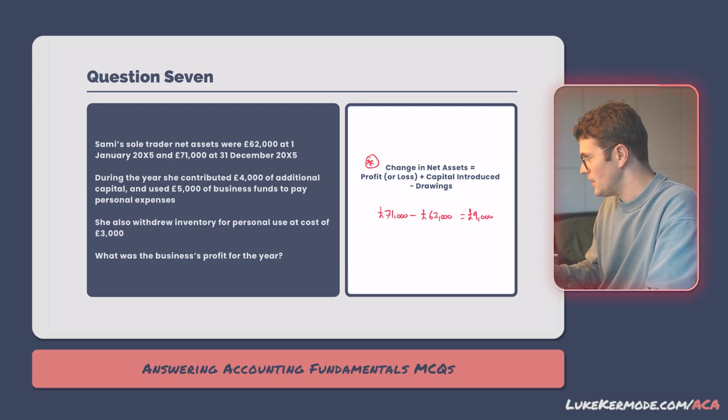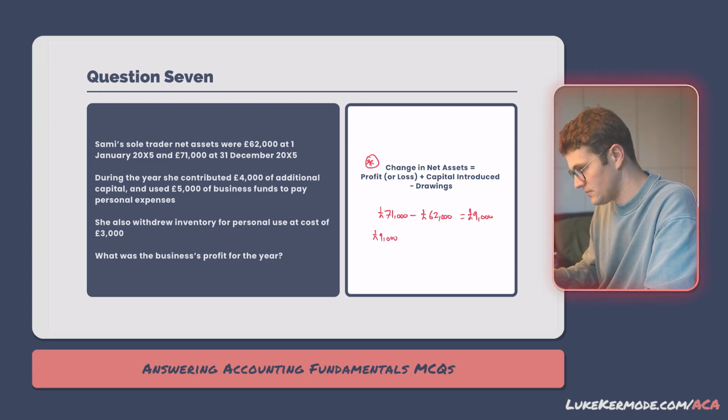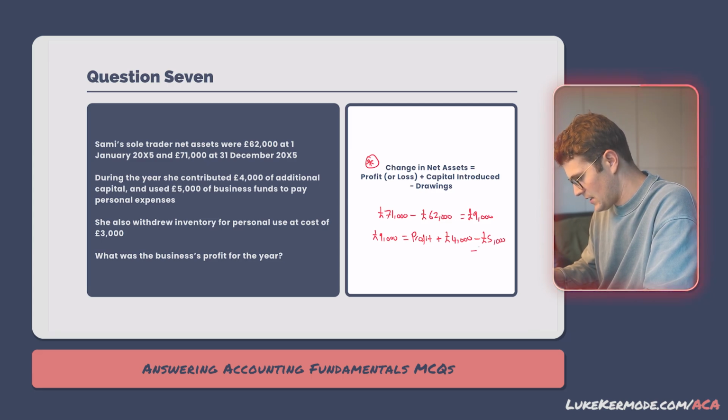And what we do is we set that 9,000 equal to the profit for the period, which is what we're solving for, plus the capital introduced during the period, which we're told in the question was £4,000. And we deduct the drawings made, which was £5,000 of cash drawings and £3,000 of inventory drawings.